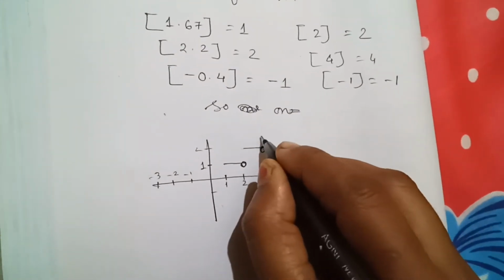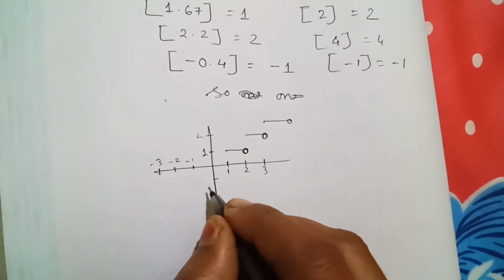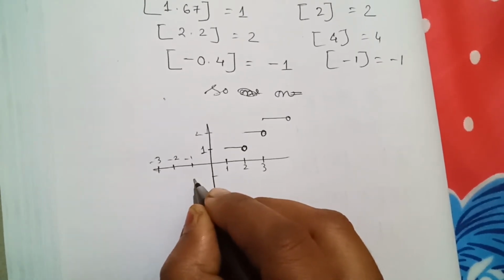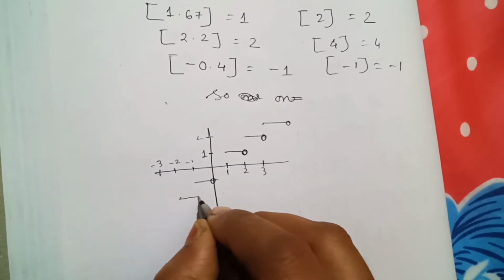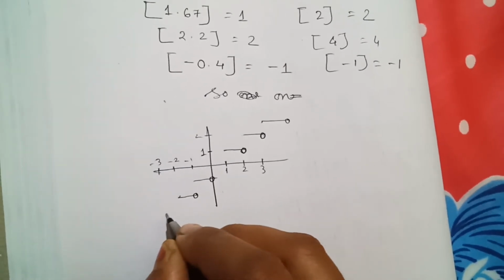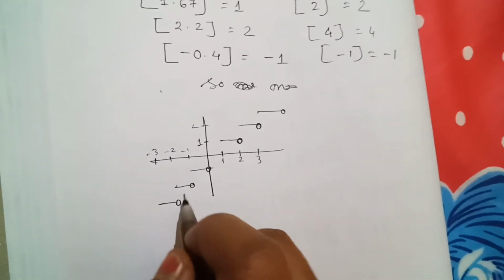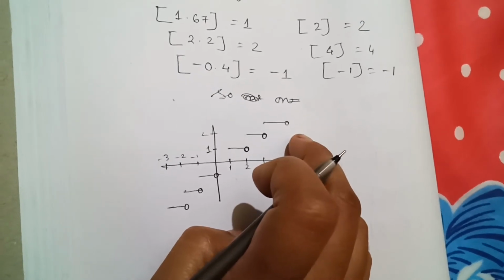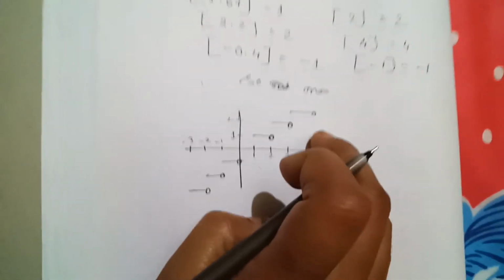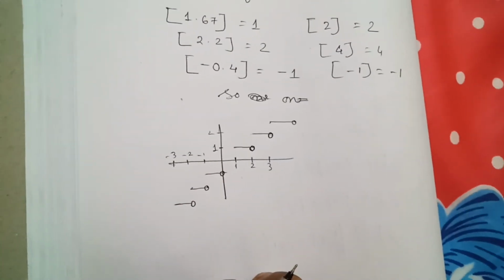So it is going like this, and this side it will always be like this. You can see that this looks like a staircase or steps. That's why it is sometimes called the step function also.